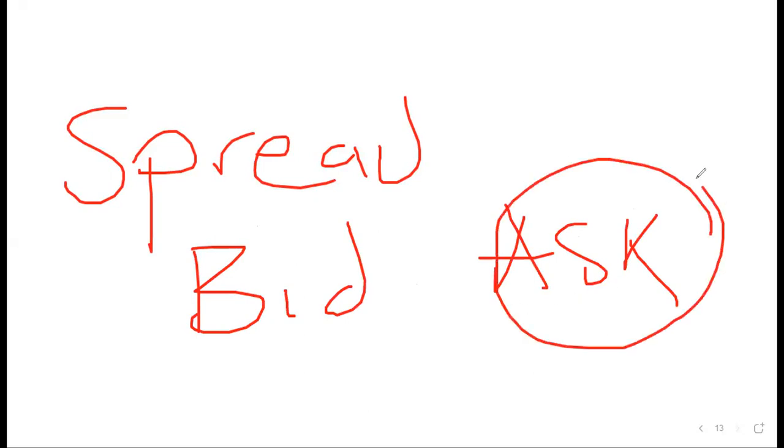The ask price is the price that you are willing to buy. The bid price is the price the broker is willing to sell to you. So the difference between those two prices is the spread.